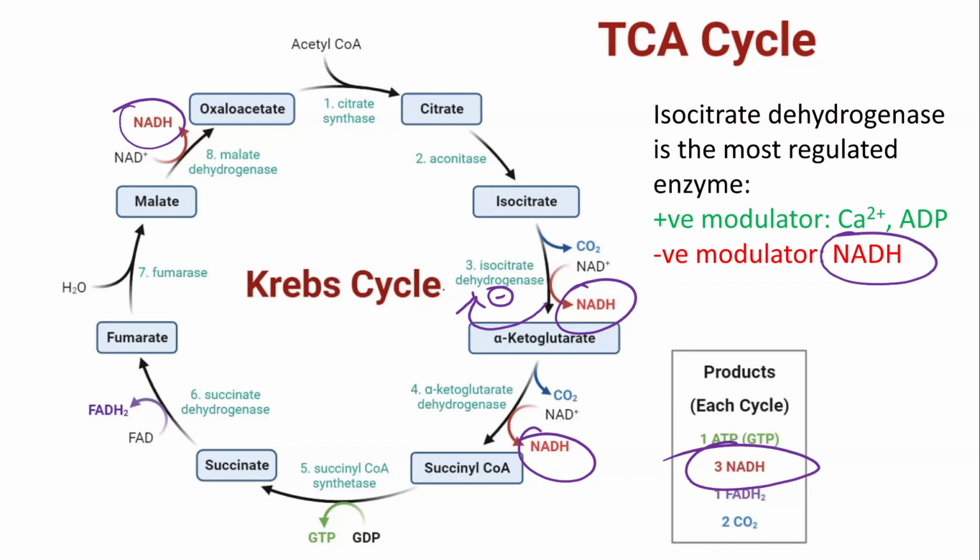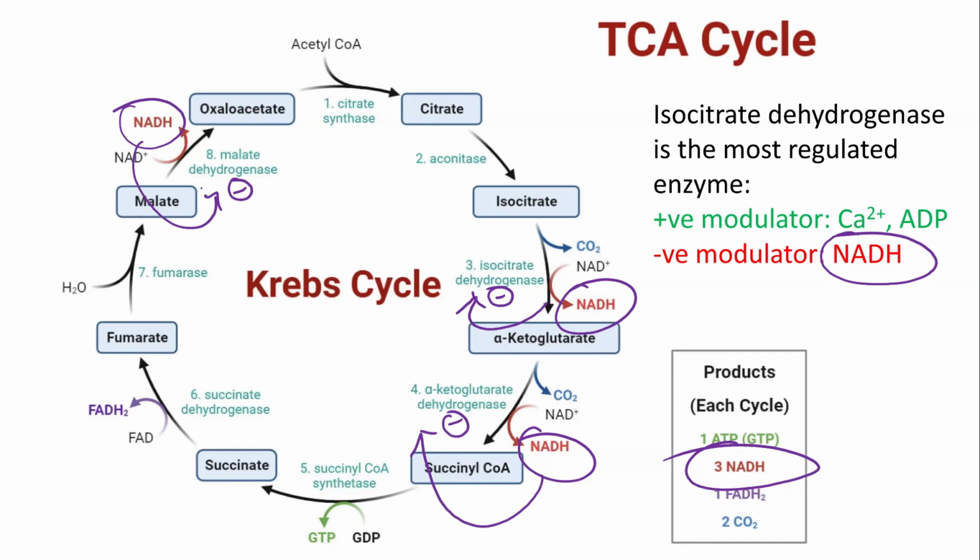Because NADH is made in the TCA cycle by 3 enzymes. One is isocitrate dehydrogenase. Other is alpha ketoglutarate dehydrogenase complex, which also makes NADH. Malate dehydrogenase also makes NADH. So these 2 enzymes also will be negatively modulated by NADH, a feedback negative effect on their own enzymes.